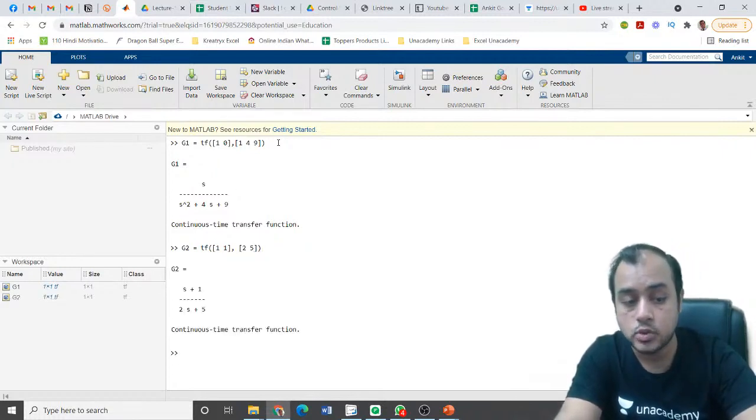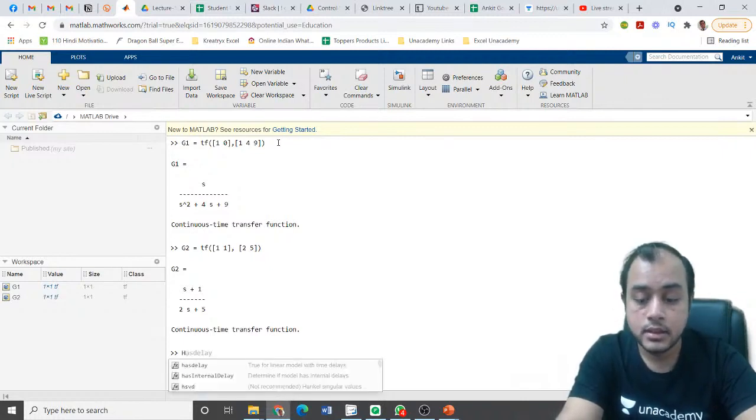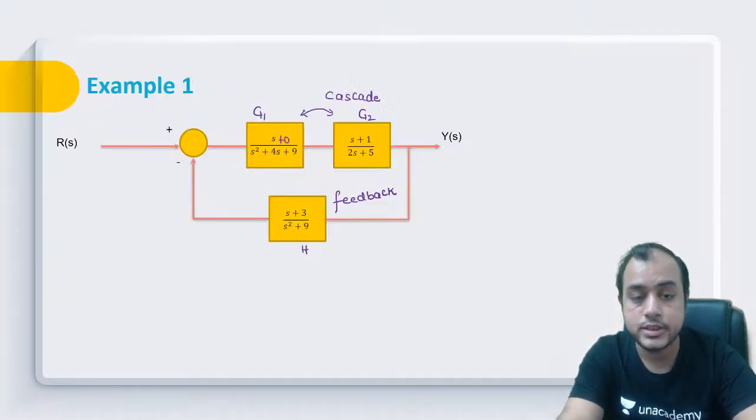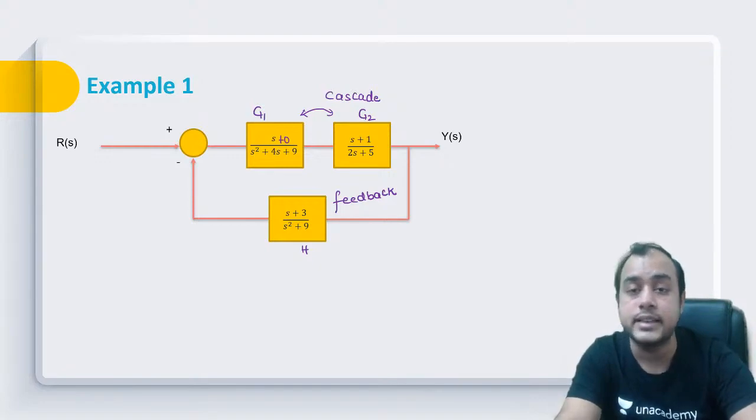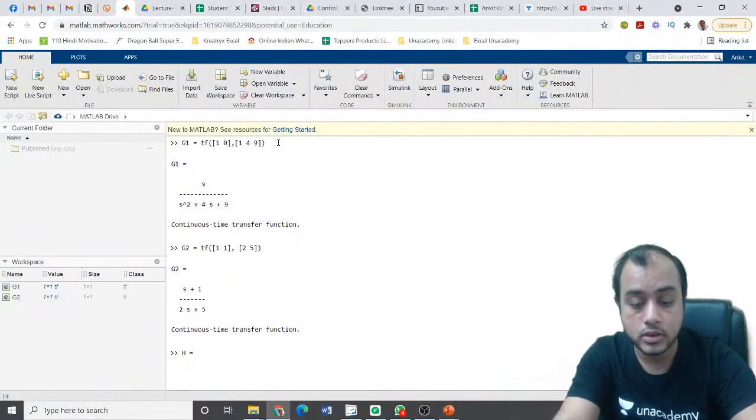See, s plus 1, 2s plus 5. Now let us define H. S plus 3 over s square plus 9. So in the denominator, if you see, the term containing s is missing. So we will replace that coefficient by 0. Okay.